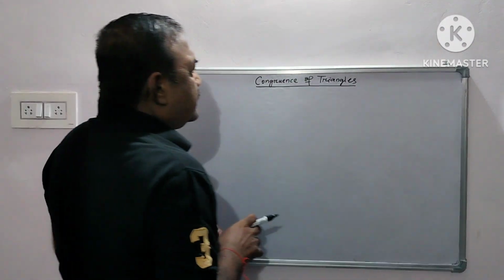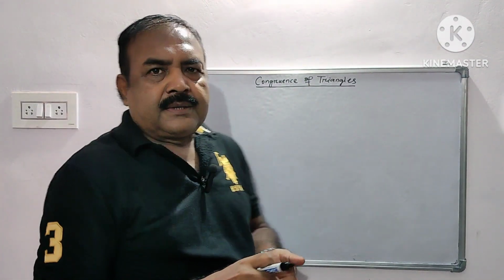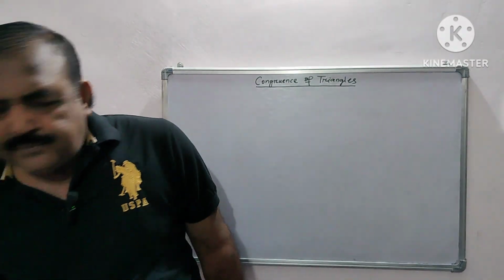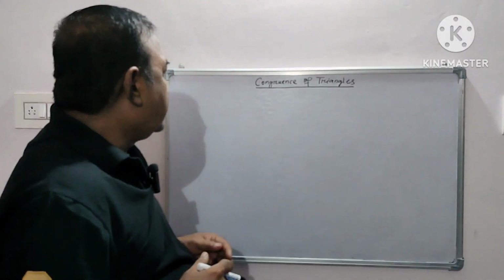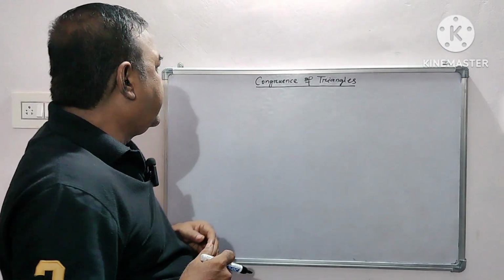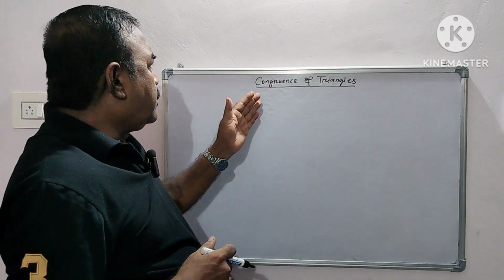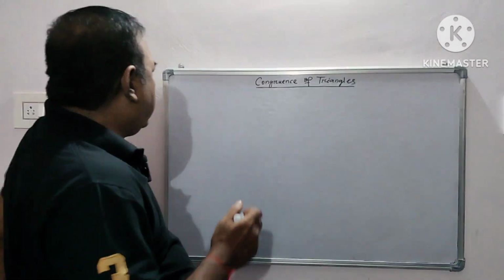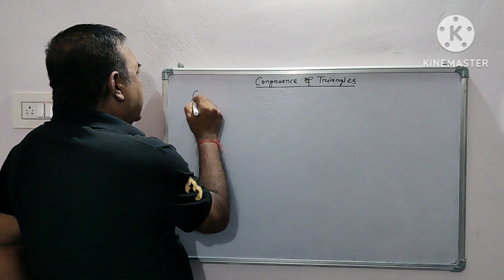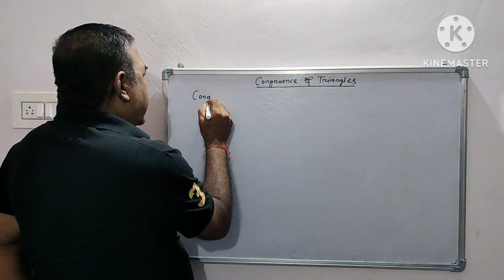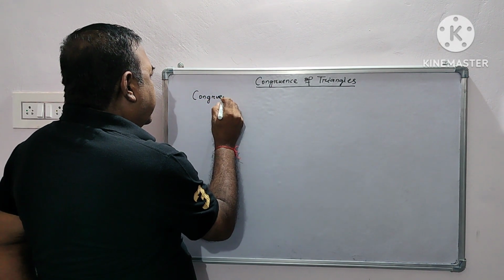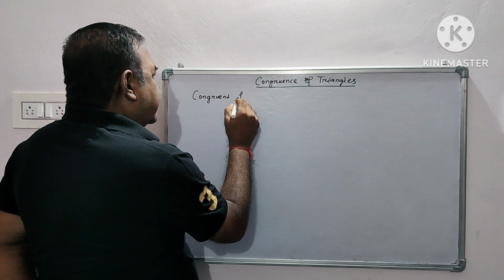This is the most important part of geometry and you should understand it clearly. Before going to congruence of triangles, we will know what we mean by congruent figures.